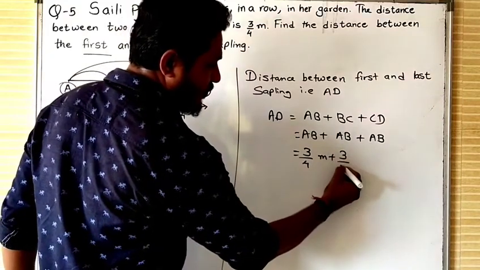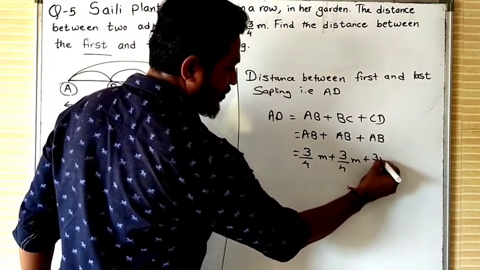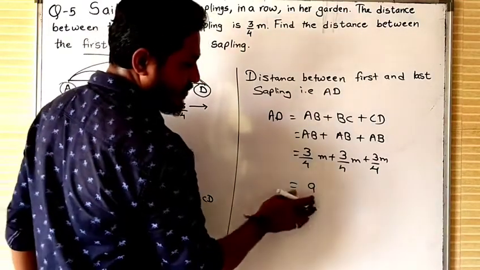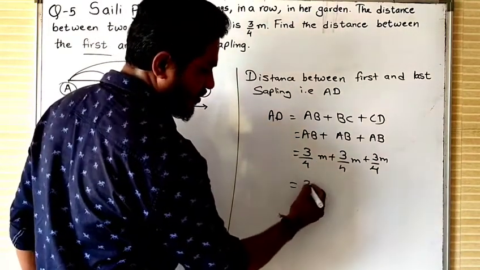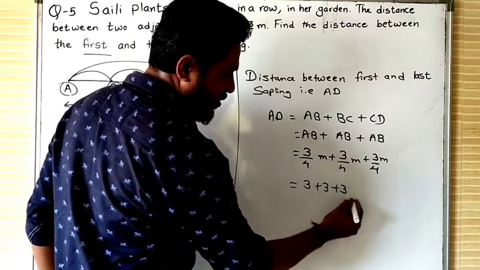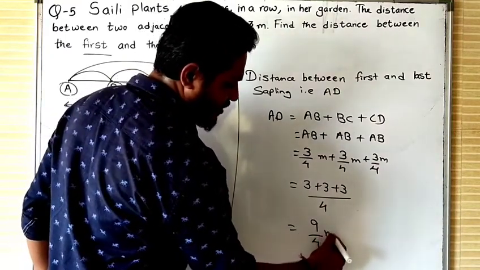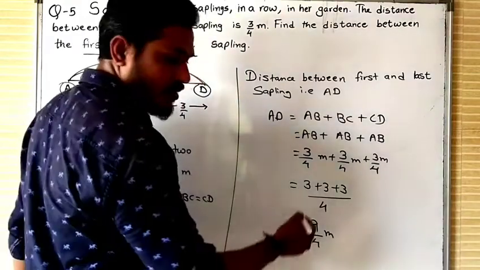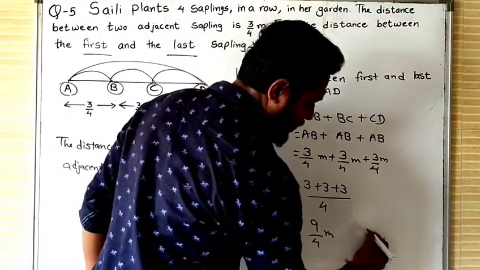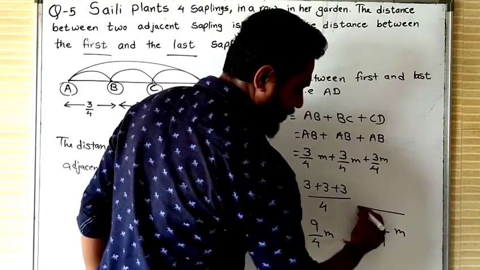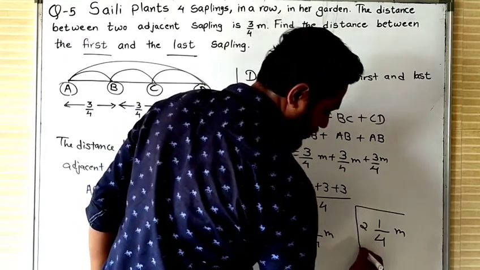So write down 3/4 meter everywhere. So you will find 3 plus 3 plus 3 over common denominator 4. So you will find 9/4 meter. Now dear student, you can convert. 4 twos are 8 plus 1, 2 integer 1/4 meter.